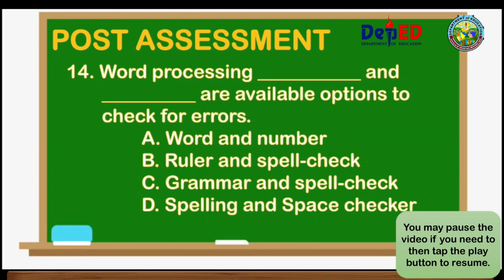Multimedia software. Number 14. Word processing blank and blank are available options to check for errors. A. Word and number, B. Ruler and spell check, C. Grammar and spell check, or D. Spelling and space checker? The correct answer is C. Grammar and spell check.